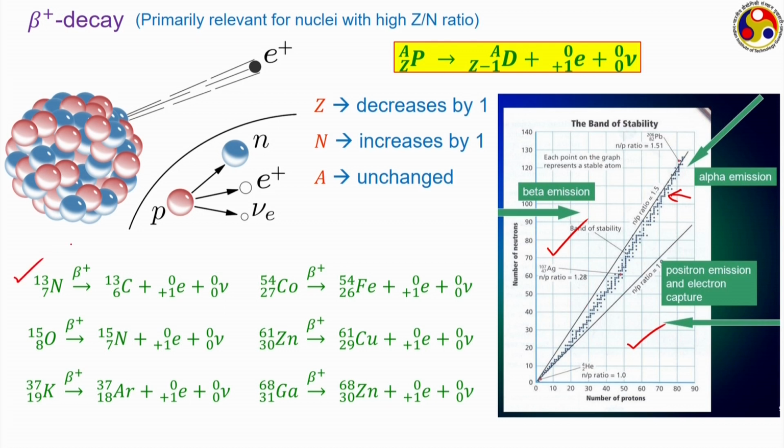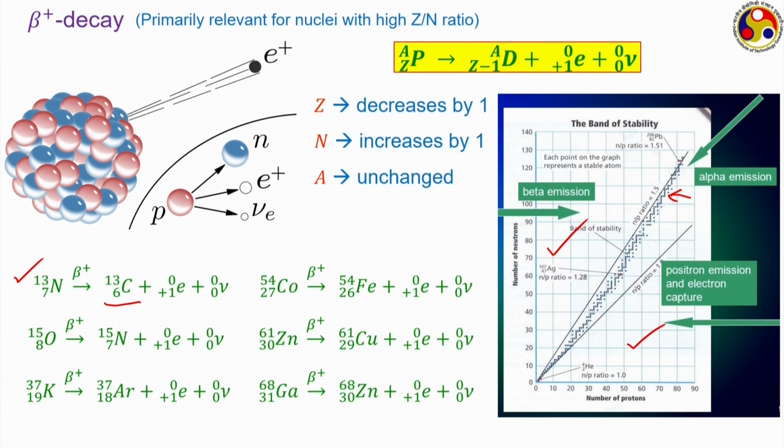Here initially we have a nitrogen 13 isotope which has 7 protons and 6 neutrons in its nucleus, and to make it electrically neutral, of course, we also have 7 electrons in the outside orbits. Now, after the reaction is done, we have this particular isotope 6C13, which, because of the conversion of one proton to a neutron, now has 6 protons and 7 neutrons in its nucleus.